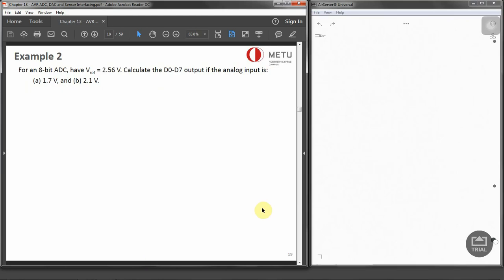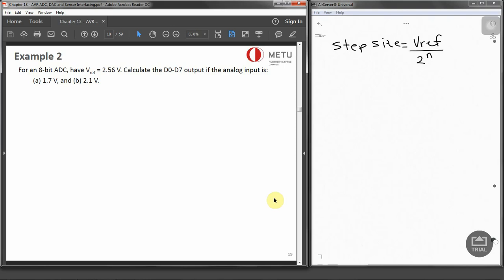In example 2, it says for an 8-bit ADC, we have got a reference voltage of 2.56. Calculate the D0 to D7 output if the analog input is 1.7 volts and 2.1 volts. Before we calculate anything, we just need to first find out the step size, which is equivalent to Vref divided by 2 to the power n.